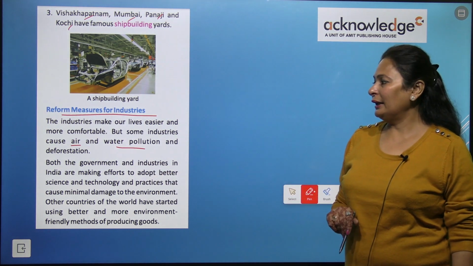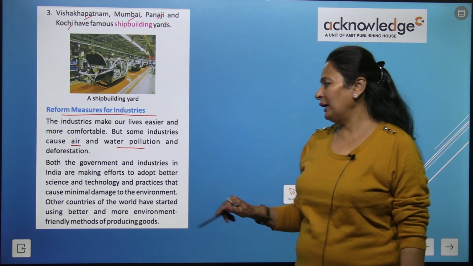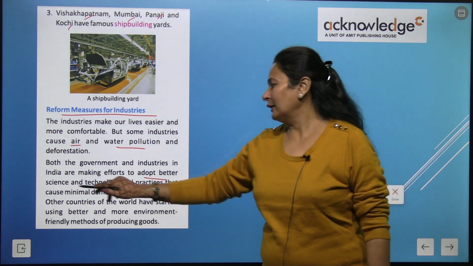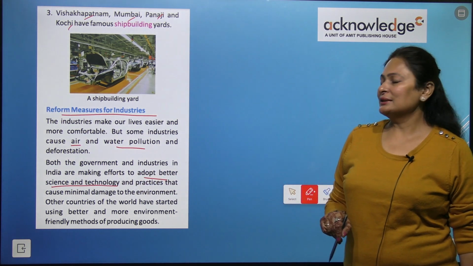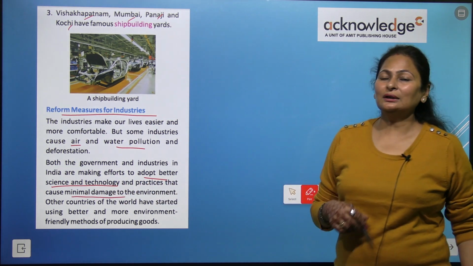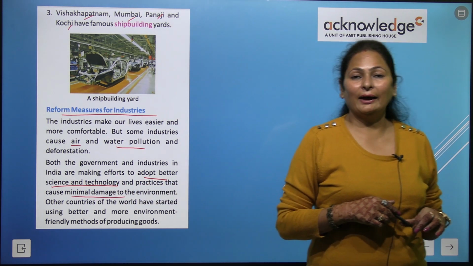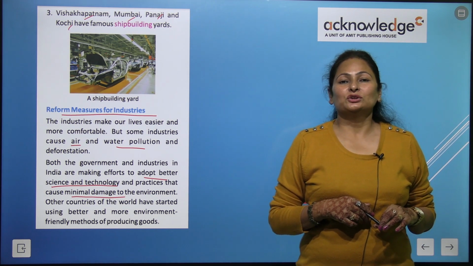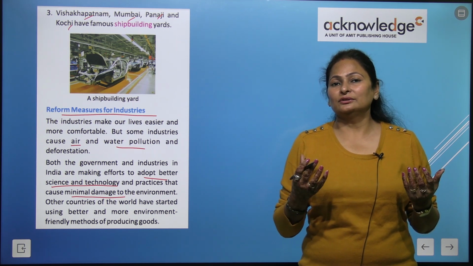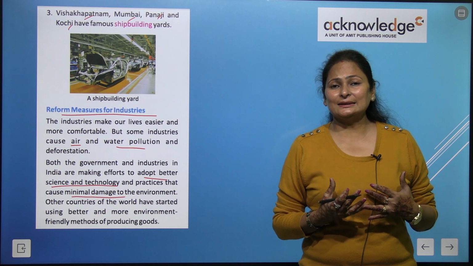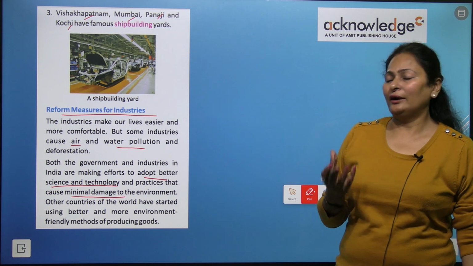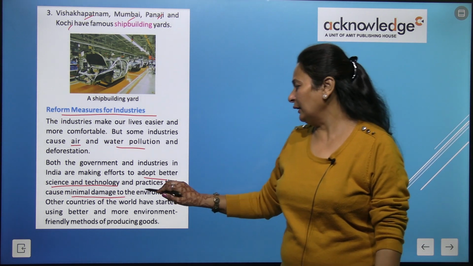Both the government and industries in India are making efforts to adopt better science and technology and practices that cause minimal damage to the environment. So, the government and the industries are working together. They are adopting modern science and technology equipment to minimize the air and water pollution, right?